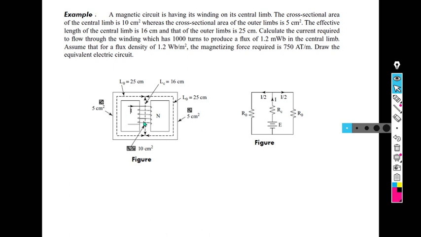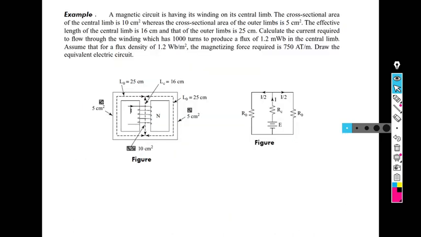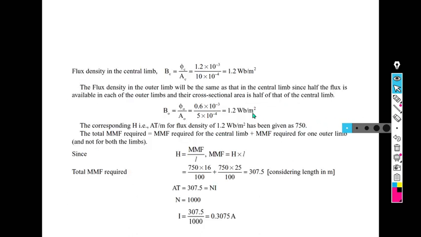You can consider this as the supply voltage, and this is the reluctance of this path, and this is the reluctance of this path. You can also take it this way: Ni is equal to phi 1 into S plus phi 2 into S, where phi 2 is equal to phi 1 by 2, right? So the mmf required for the central limb, plus the mmf required for one outer limb, because both have the same reluctance. Any path you can consider, either this path or this path. Now they have taken H into L.